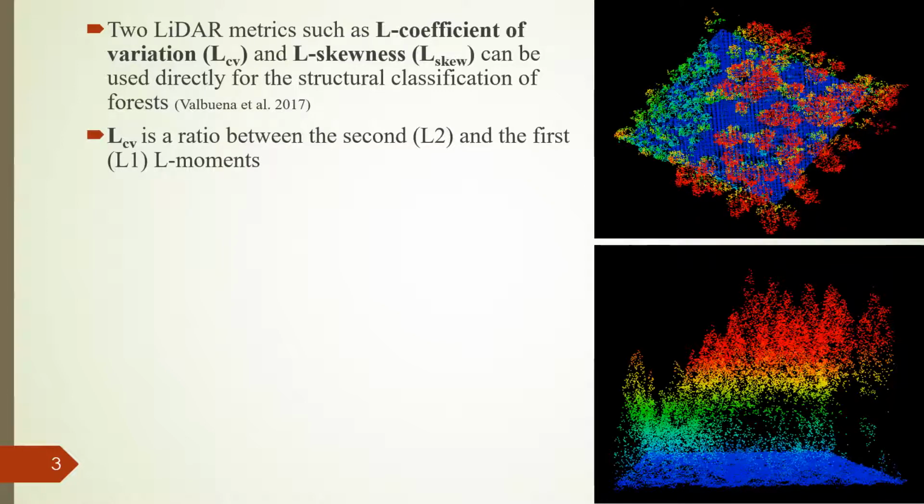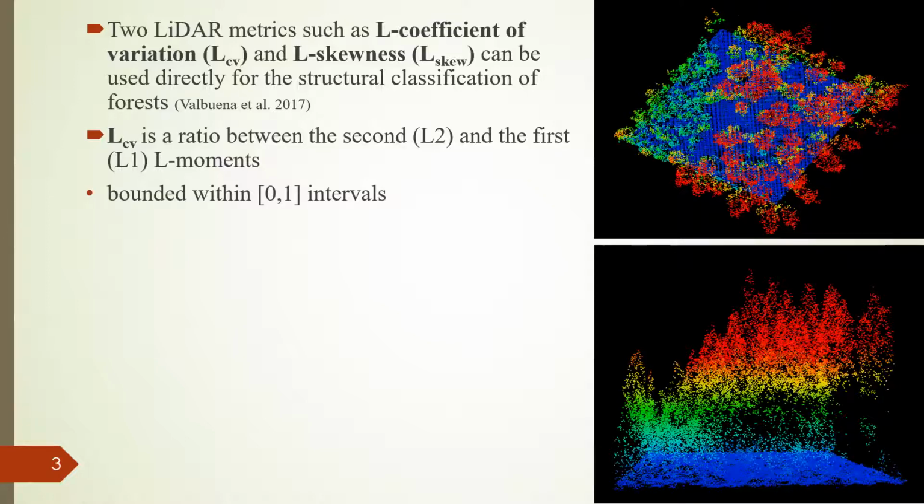So LCV is actually a ratio between the second and first L moments. And L moments are similar to the conventional moments like mean, variance, skewness, and kurtosis, but they are robust in smaller sample sizes, and they have fixed intervals.